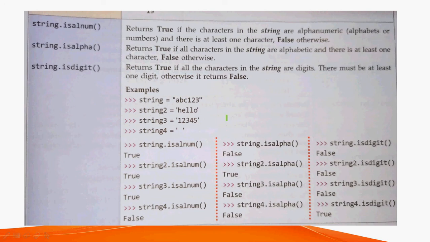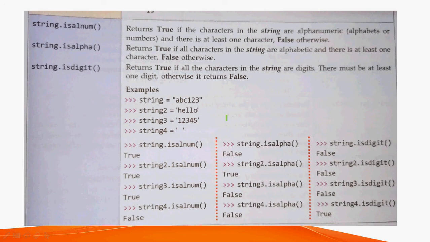As the name suggests, it is checking something. What is it checking? Al stands for alphabet, num stands for number. So this function checks whether the string contains alphabet characters or numbers.